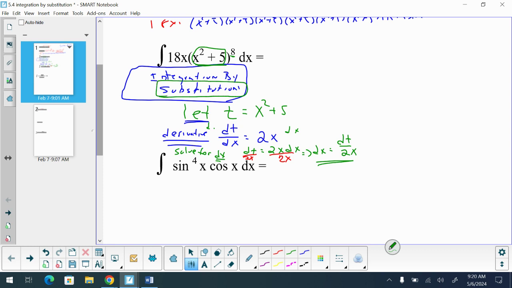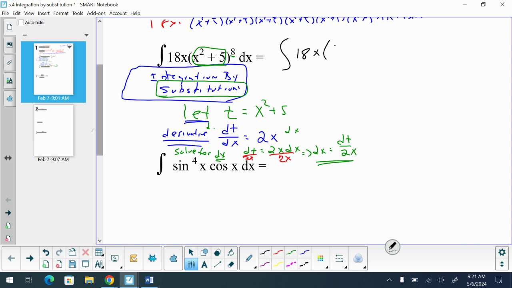Well, this technique is called integration by substitution. So what we're going to do now is we're going to deal with substitution. We are going to substitute in. So we have the integral. We did nothing with this 18x, so we're going to leave that alone for right now. But this x squared plus 5, we said is equal to the t.